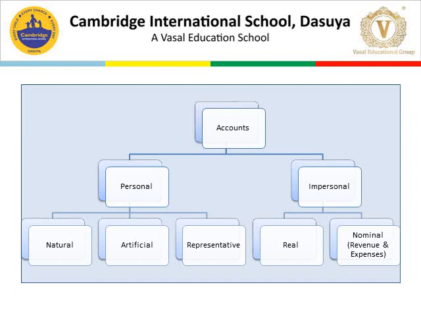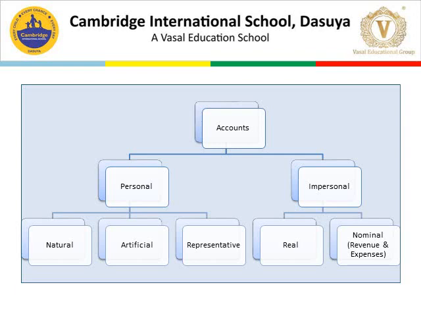Number one is natural person. Number two is artificial person. Number three is representative person. On the impersonal side, there are two types of impersonal accounts. Number one is real account, and number two is nominal account, which deals with revenue and expenses. One by one, we will see each and every account in detail.